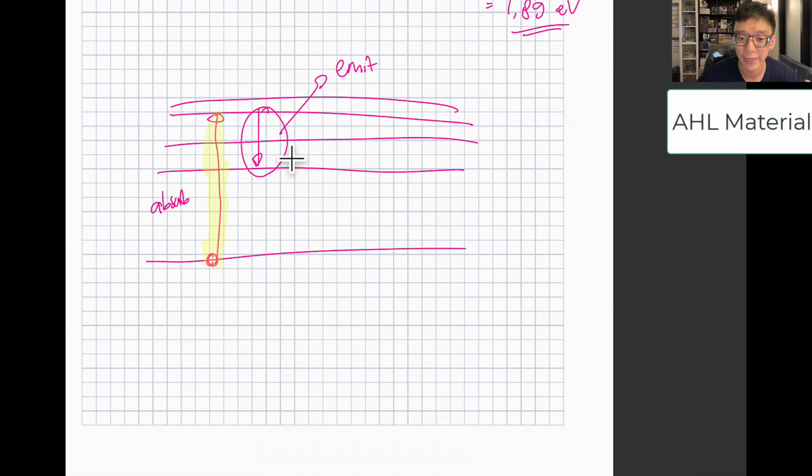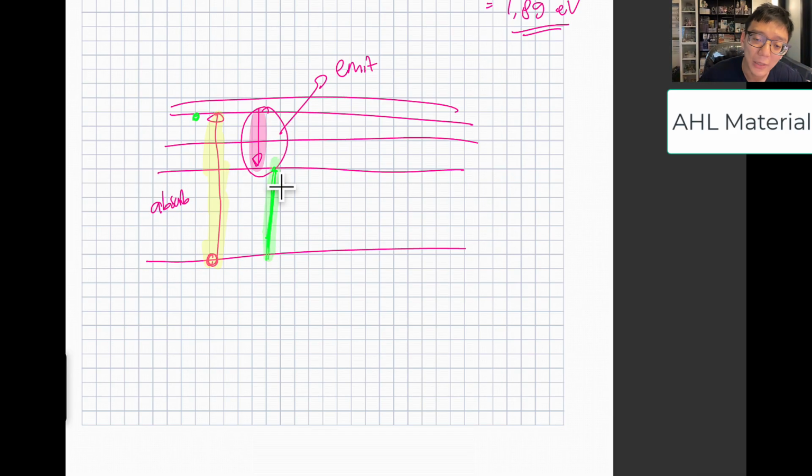The energy that is emitted will just be this, the difference between the energy required to go to the fourth shell compared to the energy required to go to the second shell. Imagine the yellow part minus the green part.